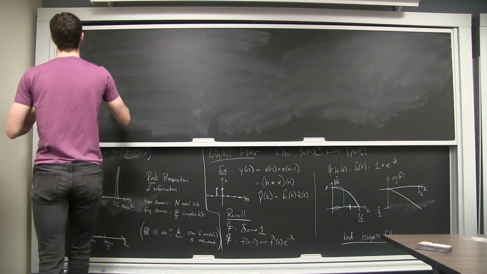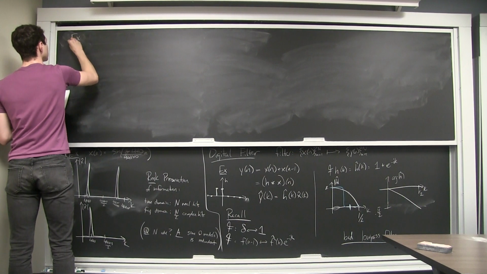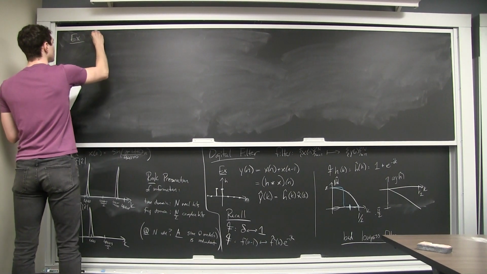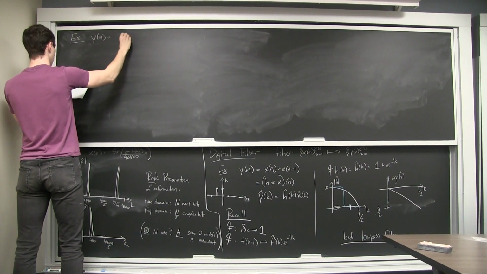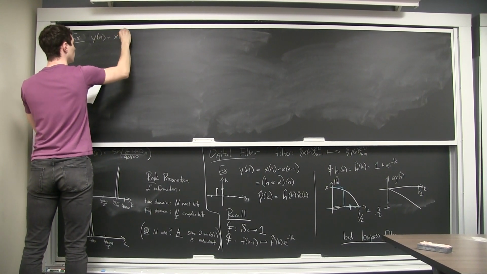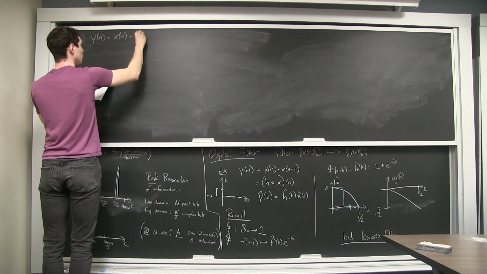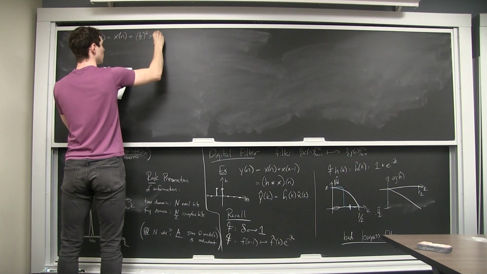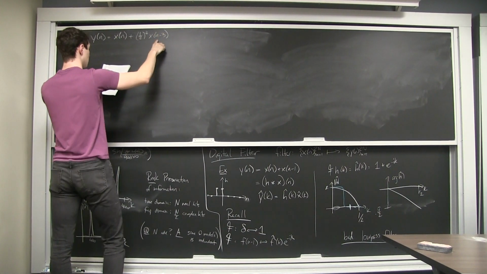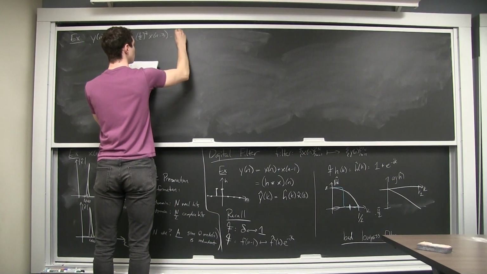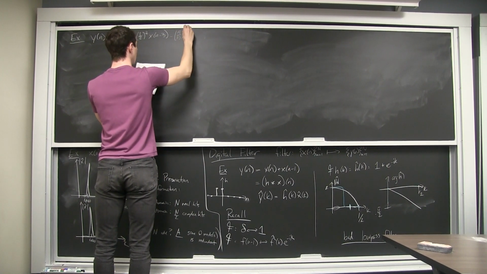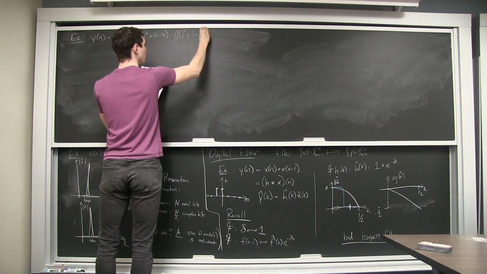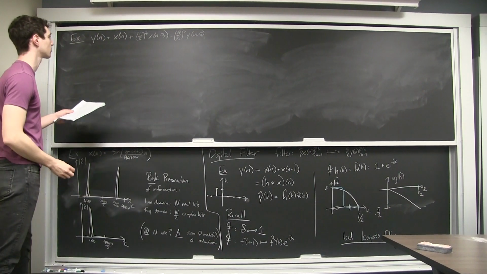Okay, so the example, and we're going to stick with this example for the rest of the talk, is to take the current input sample, a scaling of a sample 3 time steps ago, and a scaling of the output from 5 time steps ago.